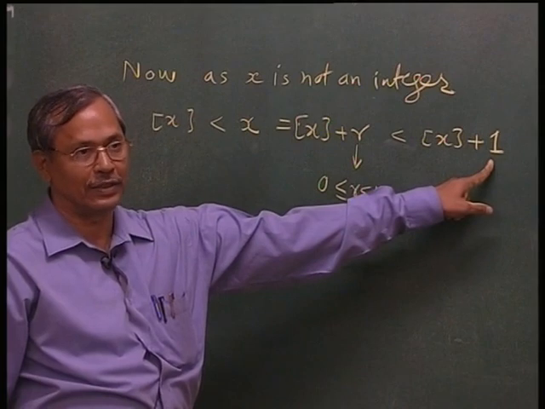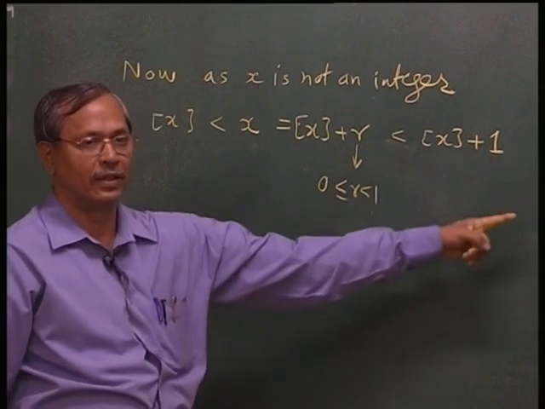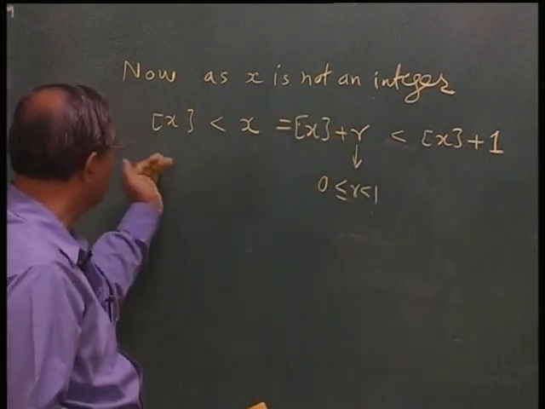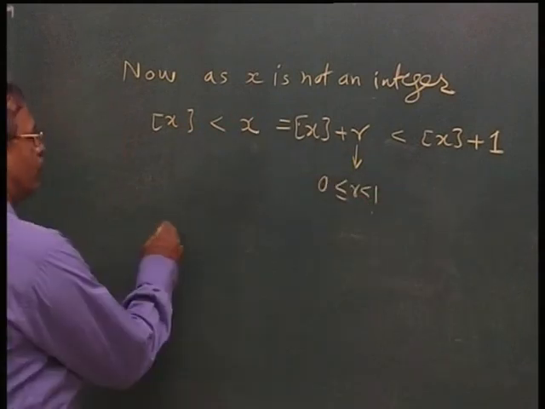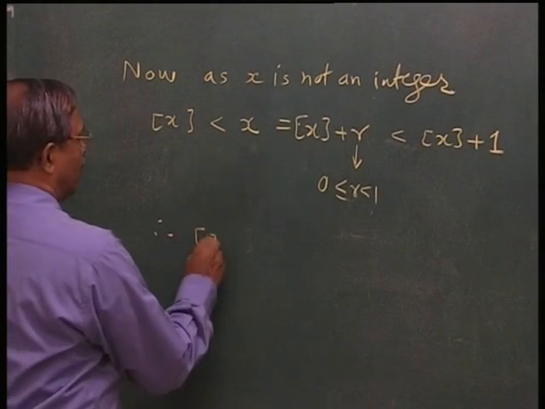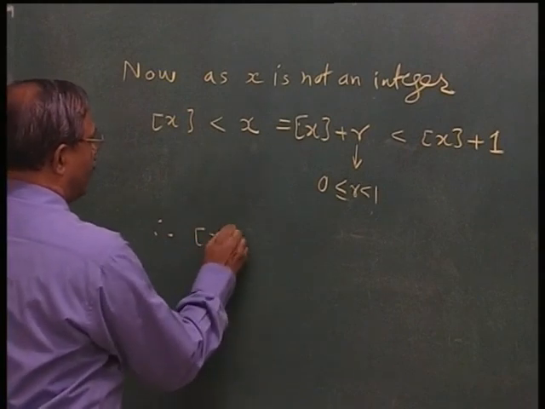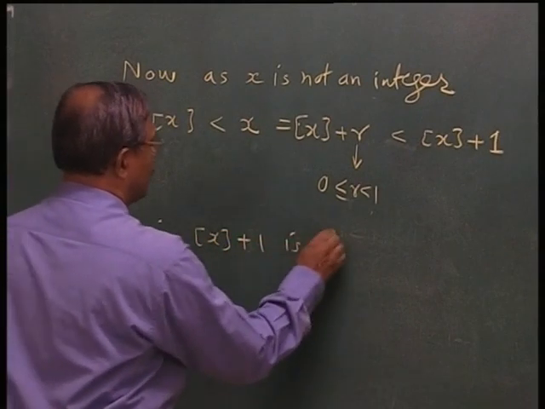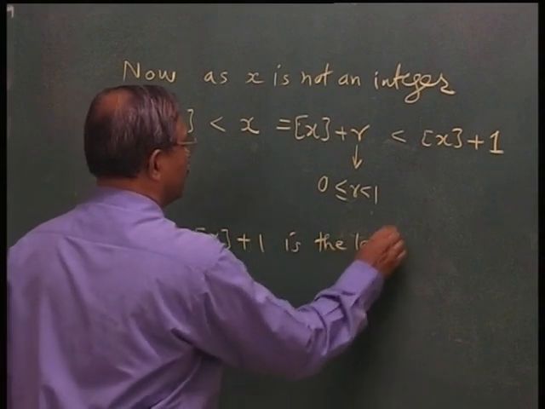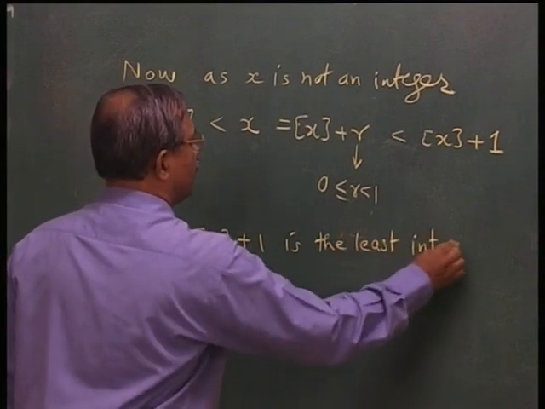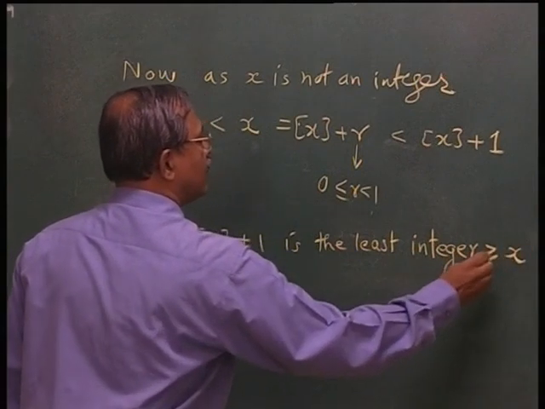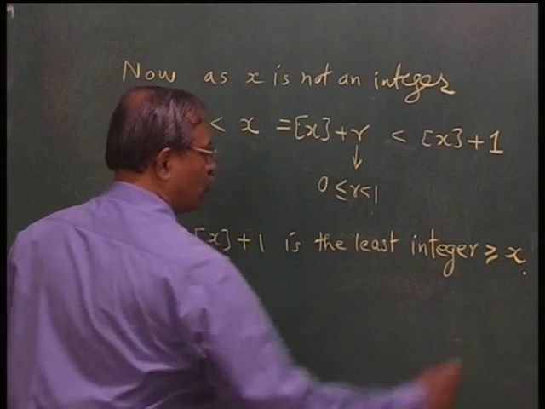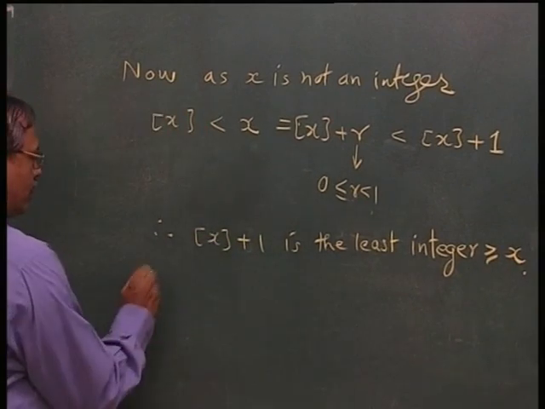So what is the least integer bigger or equal x? It must be this, because if you take the previous one, that is smaller than x. So this is the least. Therefore integral part of x plus 1 is the least integer bigger or equal x, and that's what you wanted.